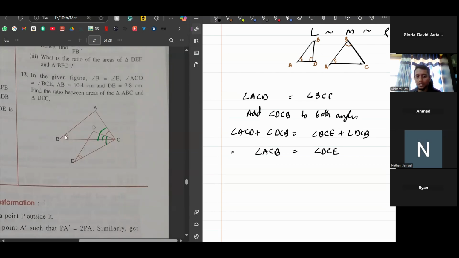And the other set of angles is angle B and angle E. This is given that they're equal. So since we have two angles that are equal from both the triangles, that means these two triangles are similar by AA property. And then we can use all the ratios and everything.